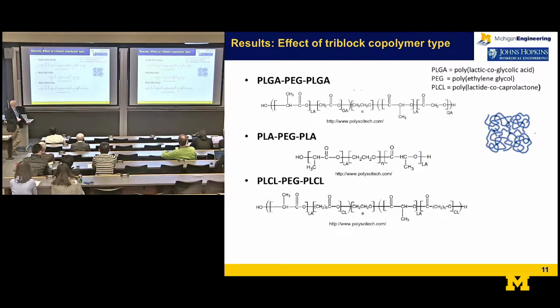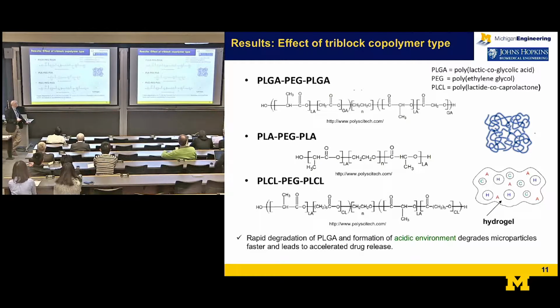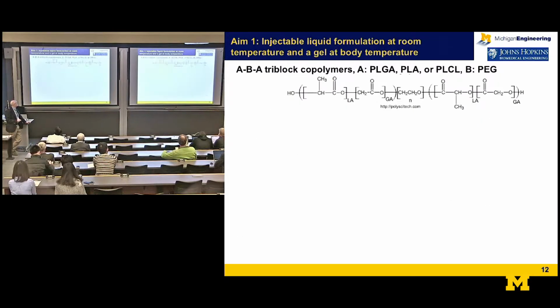The PEO block is water soluble, and the hydrophobic blocks form little nodules that link this together into a thermally transformable gel. And to that we add microparticles, which are hydrophobic, composed of PLGA, and these can contain our drugs. So we can make different microparticles, each containing a different drug, and put multiple drugs into the same vehicle this way.